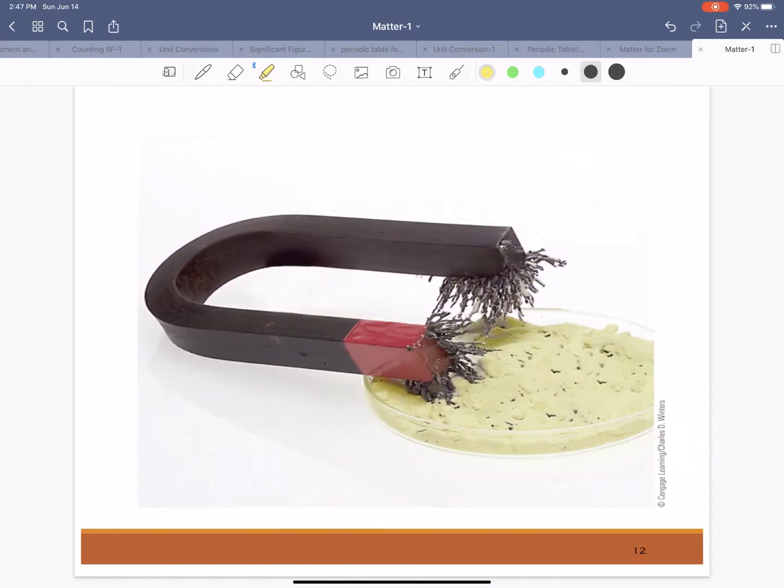So here we have a mixture, and I can tell it's a mixture because I can see there's something yellow in here, and then there's these little flecks of something dark. So I know that there's more than one kind of thing. That makes it a mixture. And then we see that we have a magnet. What does a magnet act on? Things that are ferromagnetic, like maybe iron. So maybe here I have sand and iron.